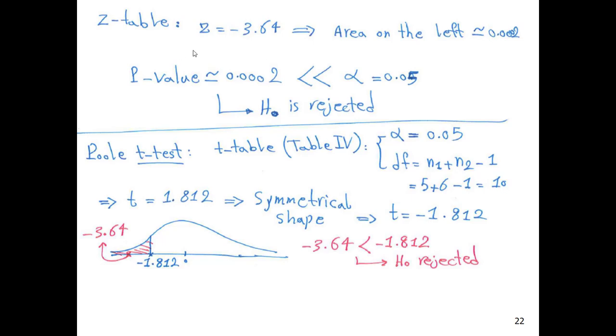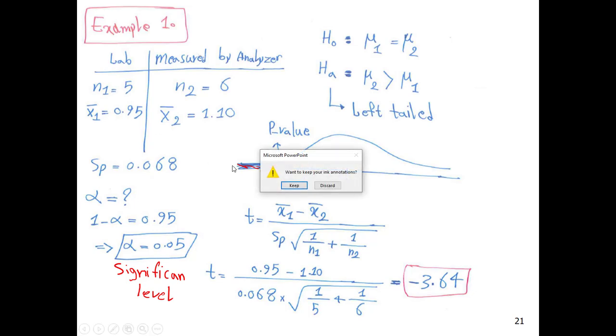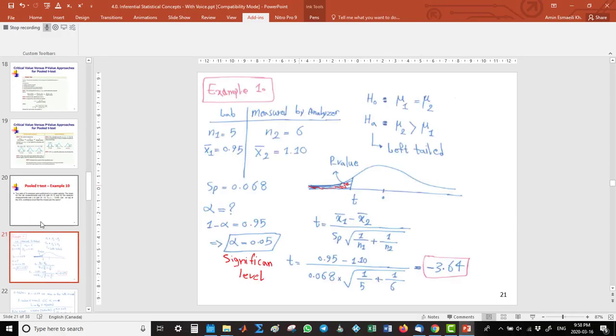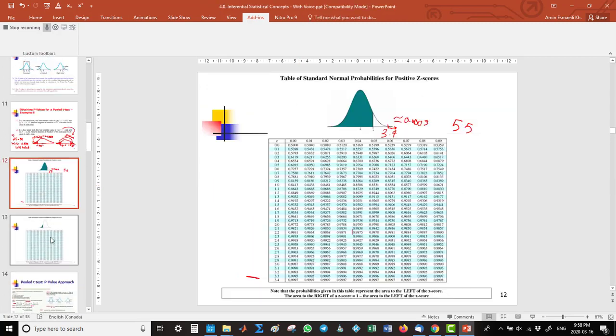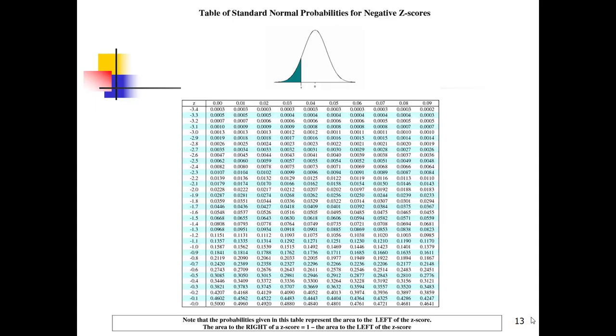Let's go to the z table. This is my z table. The value of the z that I have is minus 3.6. We want to know the area on the left of this z.